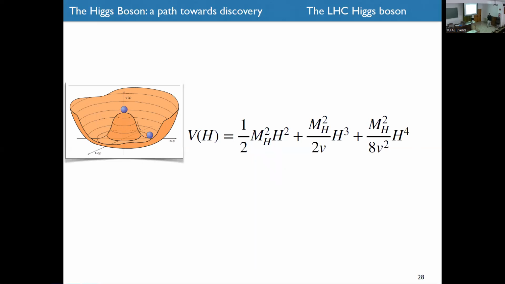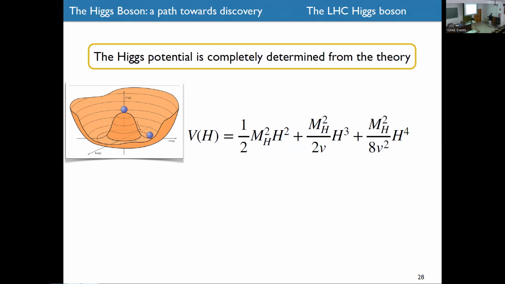Okay, so let's go to the third thing, and that's the measurement of the Higgs potential. So again, let's go back to our friends. And we know this Higgs potential, from the theoretical point of view, it's perfectly known, because once we measure the mass of the Higgs, all the other couplings, all these terms here in front of the potential, are known, since, well, we know that B is connected to the Fermi constant here.